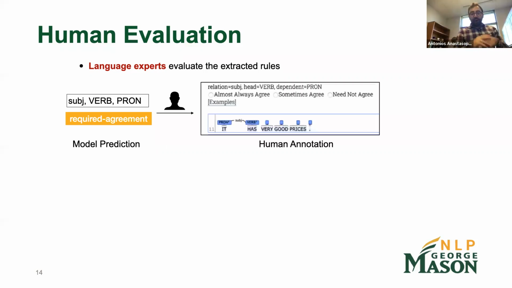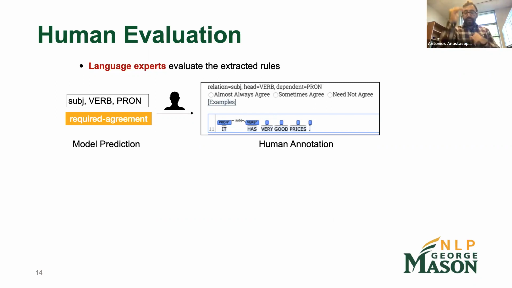So we take the rule, we find examples in the treebanks that follow that rule, and we also find examples, if there are any, which usually there are, where we have a verb and a pronoun linked through a subject that do not agree in terms of, say, number, as in this example here.